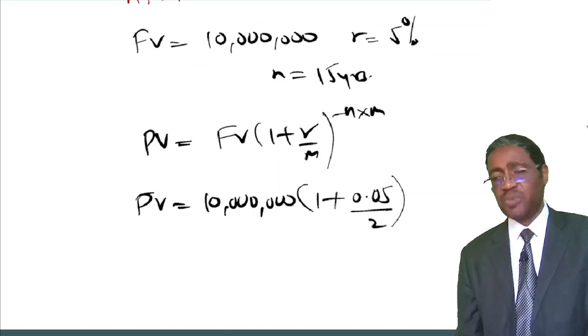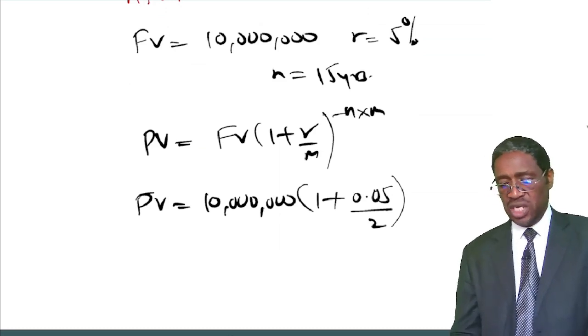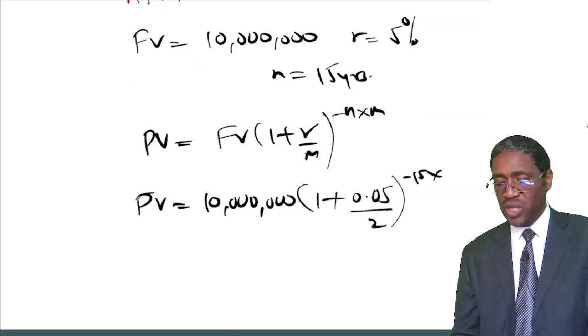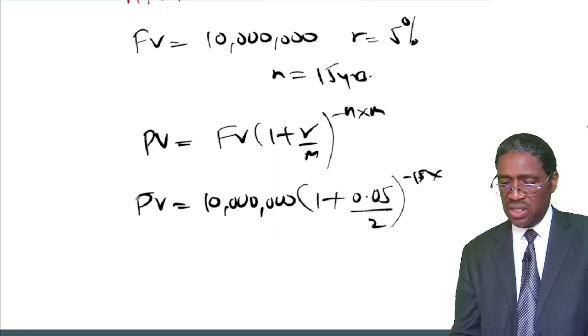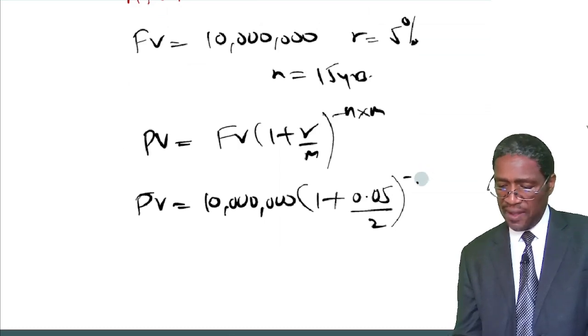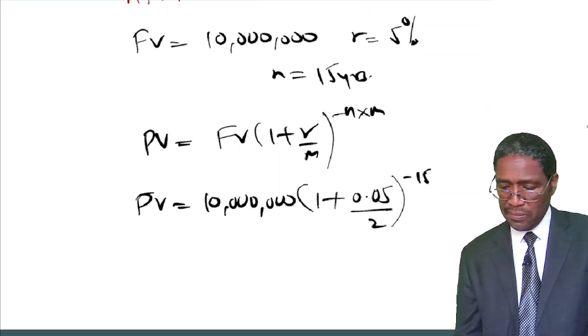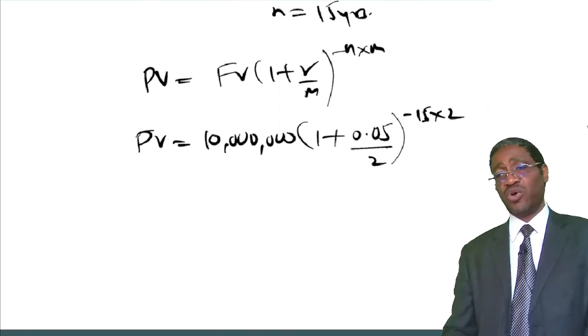Then everything to the power of negative 15 times 2, because we are compounding twice in a year. Times 2, that is the frequency of compounding.